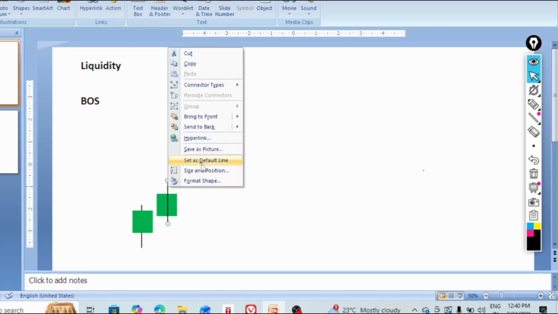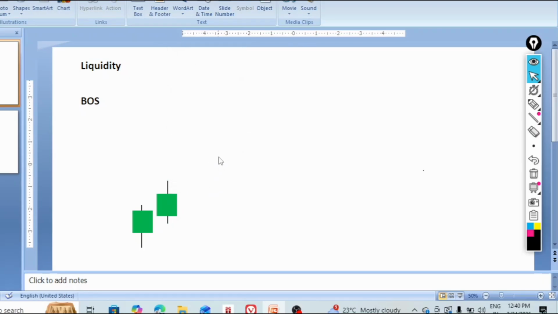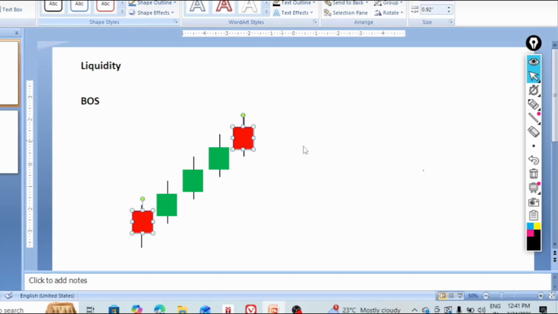Okay, so swing high and low are also liquidity levels. There is also liquidity at the swing high and low.